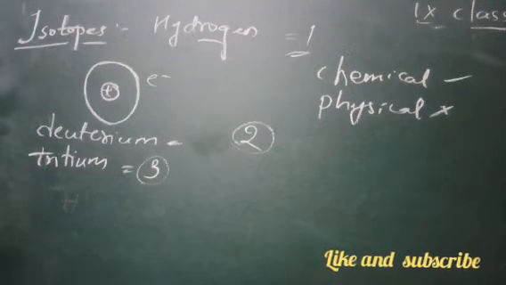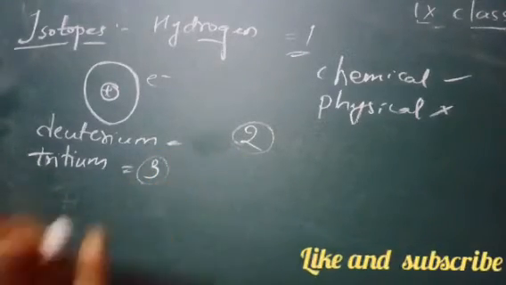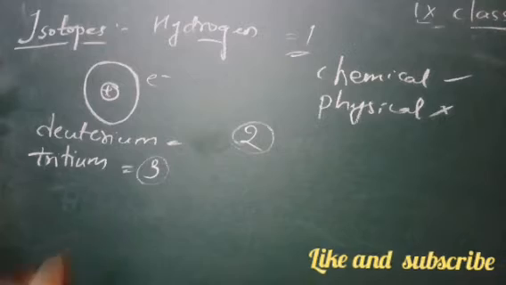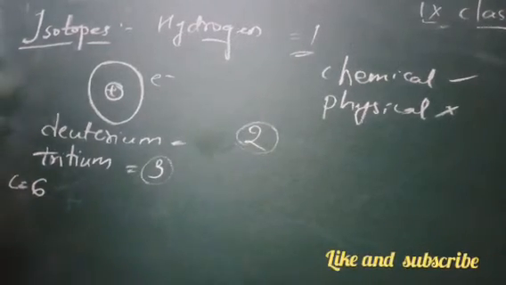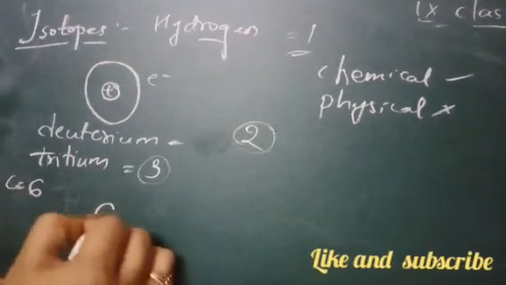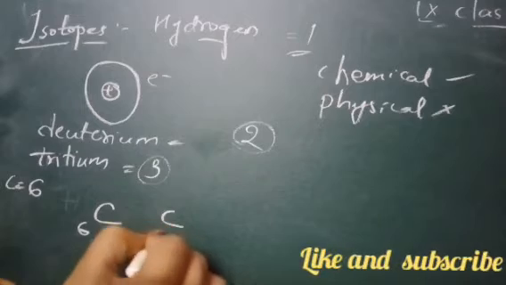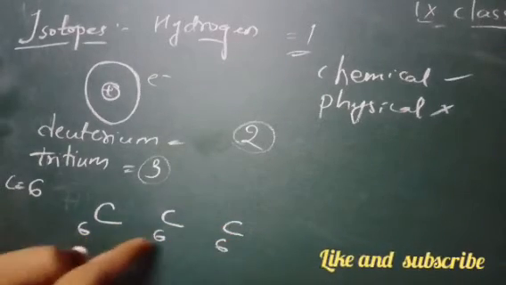If you take the example of carbon, what is the atomic number of carbon? 6 is the atomic number of carbon. Now, if you see the isotopes of carbon, you will observe that the number of protons will be the same.